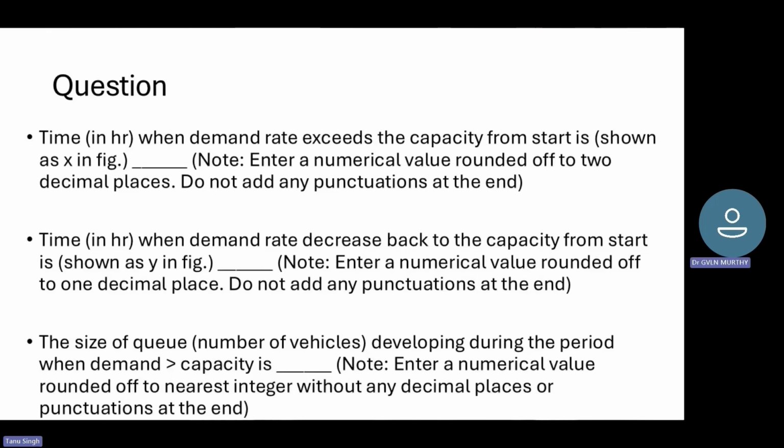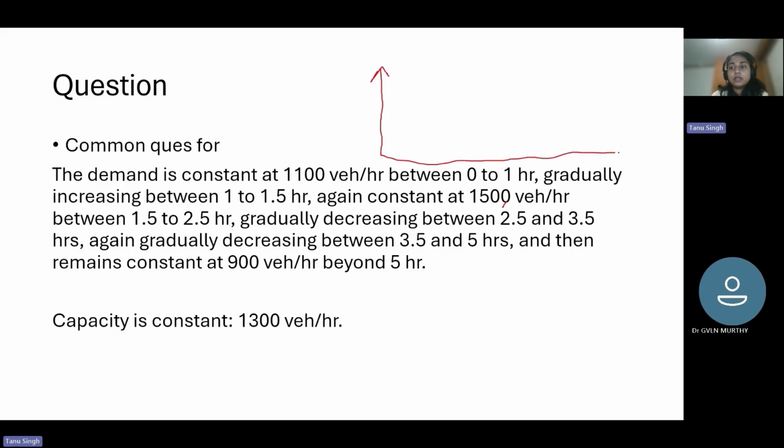So I will draw the demand in red. First it is constant at 1100, from 0 to 1. Then it increases gradually and reaches 1500, and then it is constant from 1.5 to 2.5 hours.